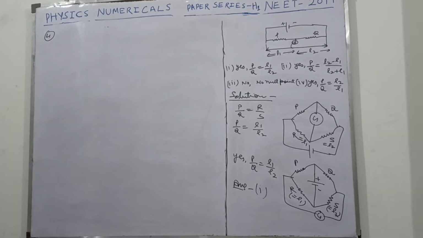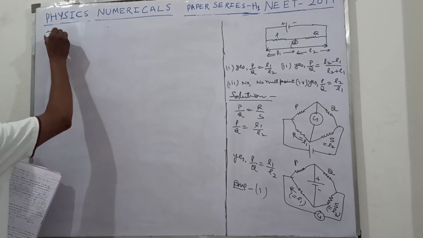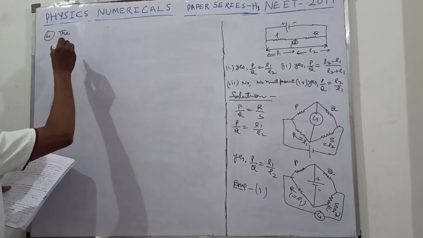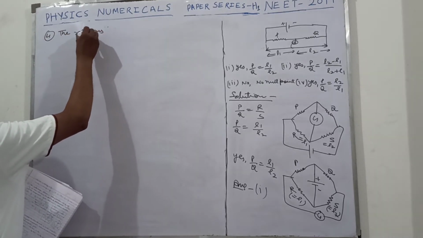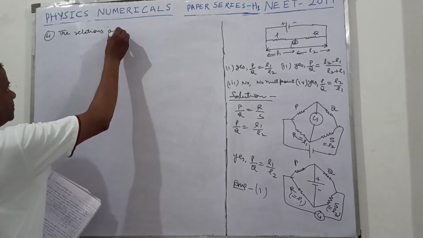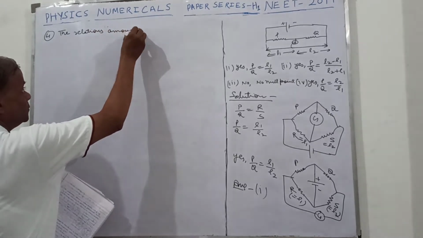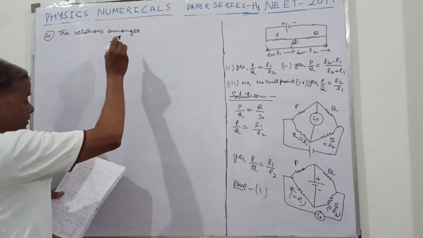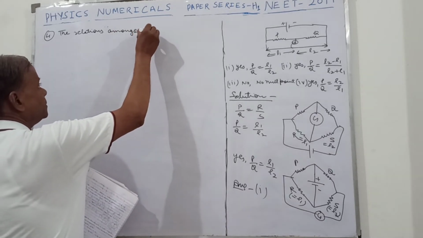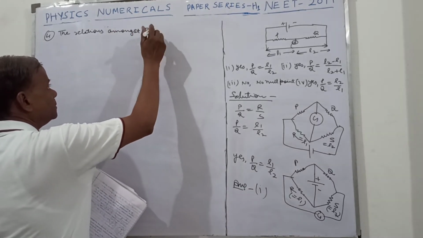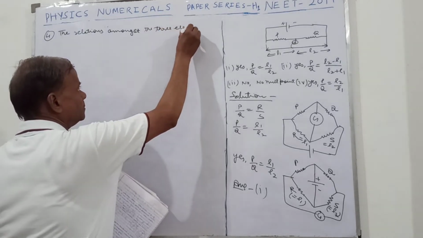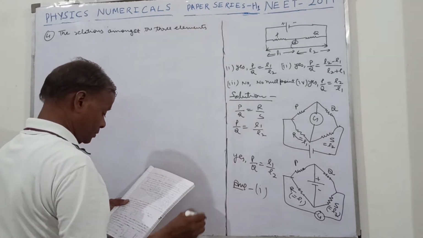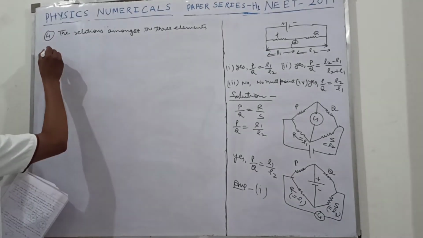Now fourth question is the relation amongst the three elements of Earth's magnetic field.